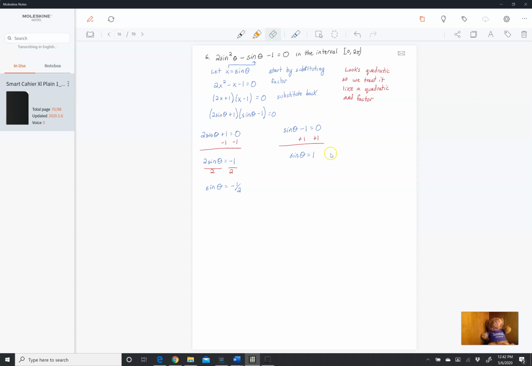So now we just have to solve each of these separately. Let's take this one first. We have to think about what quadrants we're in. Sine is negative, so we're in quadrants 3 and 4. This is where sine is negative.